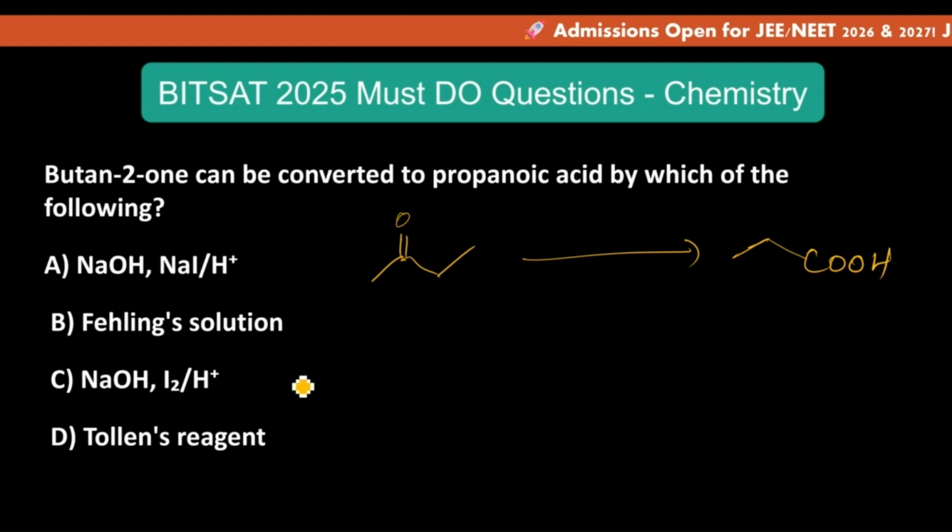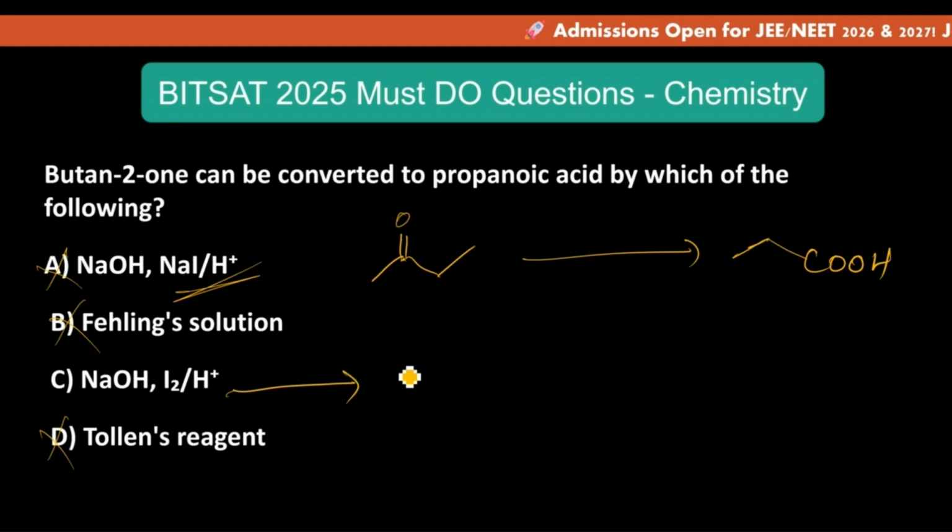Okay, this is clearly an oxidation reaction. Fine. So a ketone is there, so no way to go for Fehling's or Tollens reagent. I don't think this will react. This is not at all a good reagent to do this kind of oxidation.